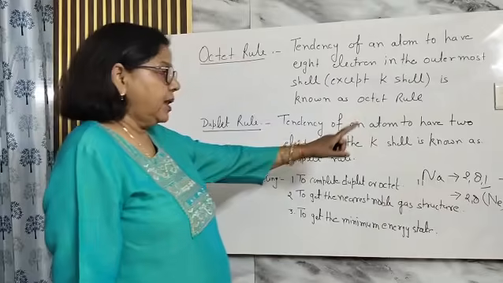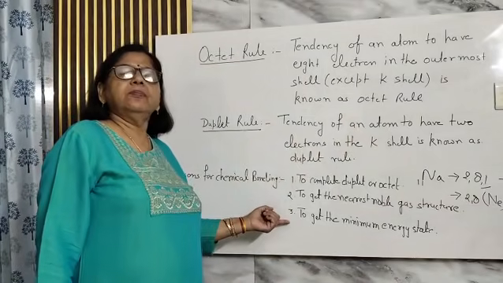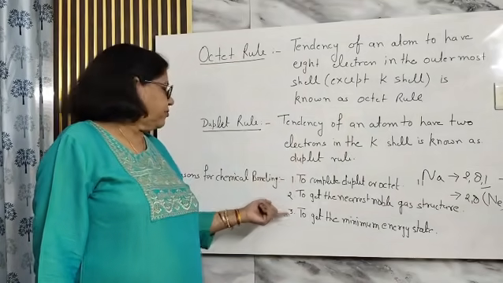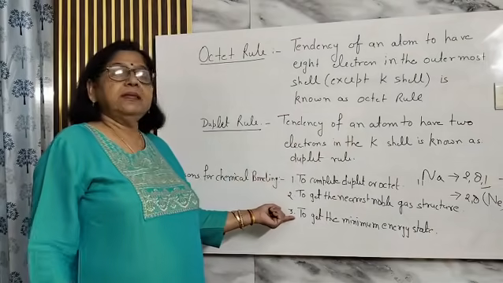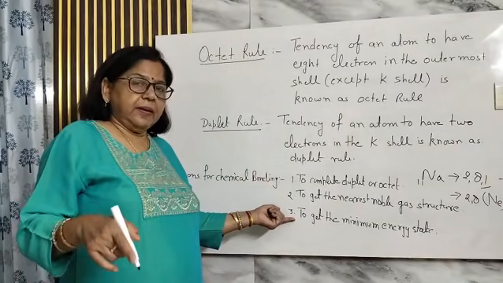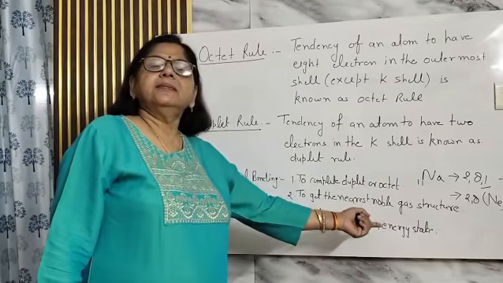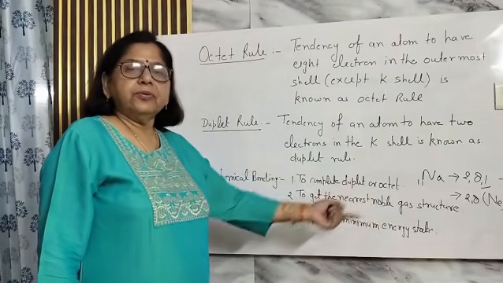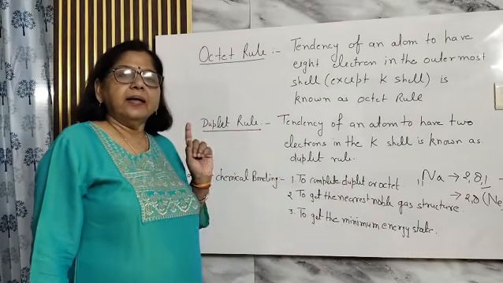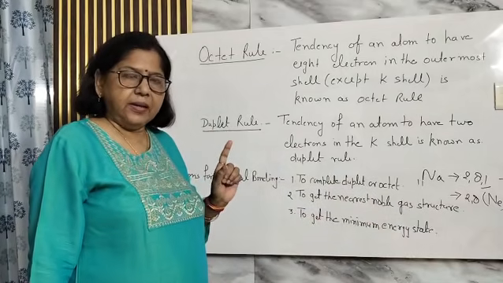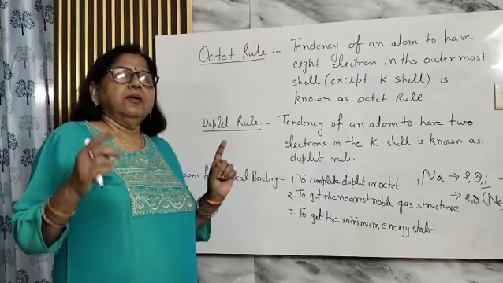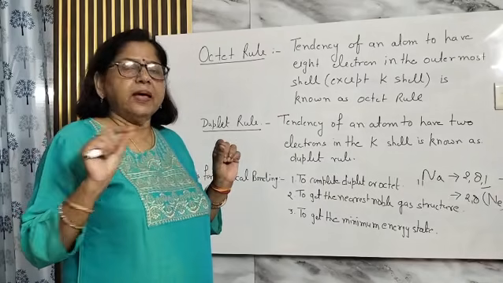Right? Now, the third and most important point of chemical bonding: the need to participate in bonding is to get the minimum energy state. You know, students, the atoms are highly energetic. So what happens when they are individual? They are not stable.